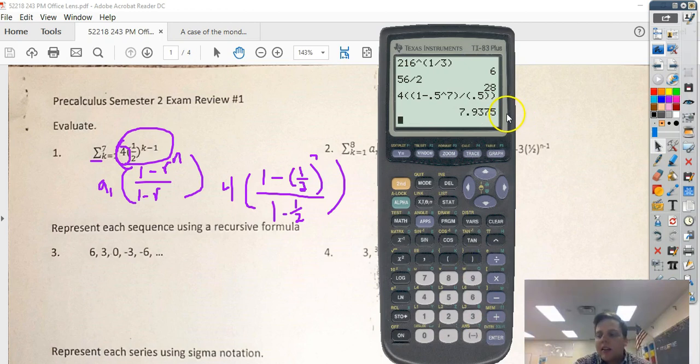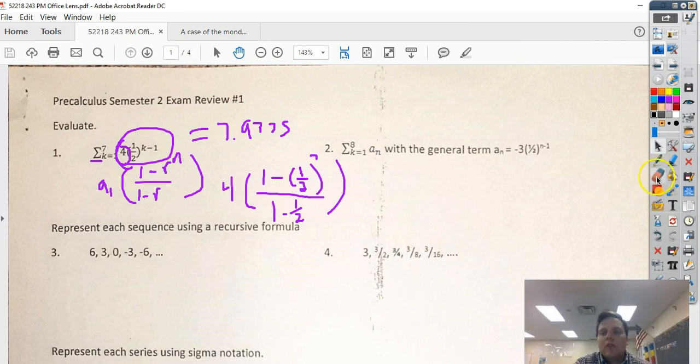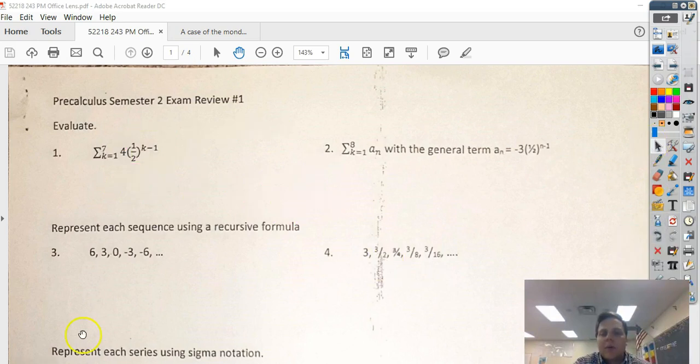And I get 7.9375. So the sum of all this is equal to, not approximately, 7.9375. I suggest you try to do number 2 before watching this next part, because it follows the very same idea as this problem.